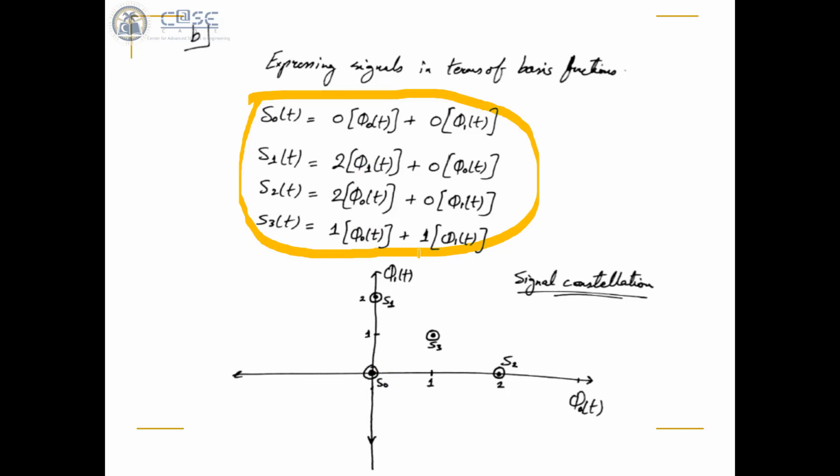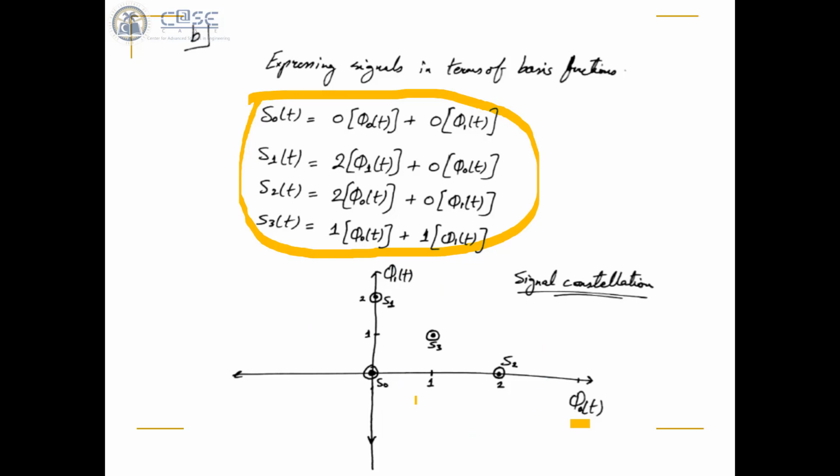S1 of t is 2 times phi 1 of t, which is here, and 0 times phi 0 of t, that is, 0 contribution from the basis function phi 0. Similarly, S3 of t has 1 times phi 0 and 1 times phi 1. So this is now the complete representation of my signals on the signal constellation diagram using basis functions.